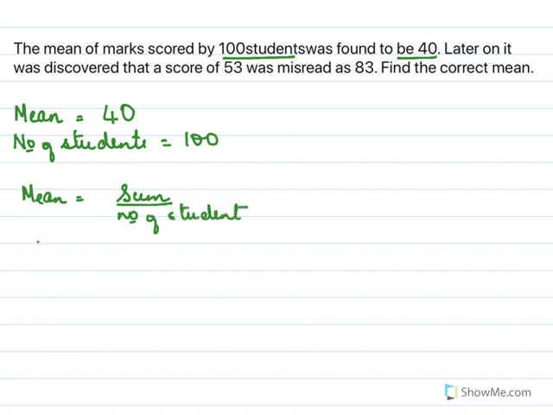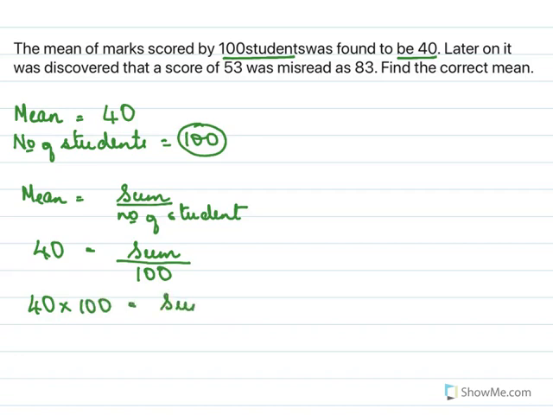So if we put the value, we know the mean is 40, the sum we do not know, but the number of students is 100. So 40 into 100 is equal to the sum. So 4000 is equal to the sum of the marks, the total of all the marks.